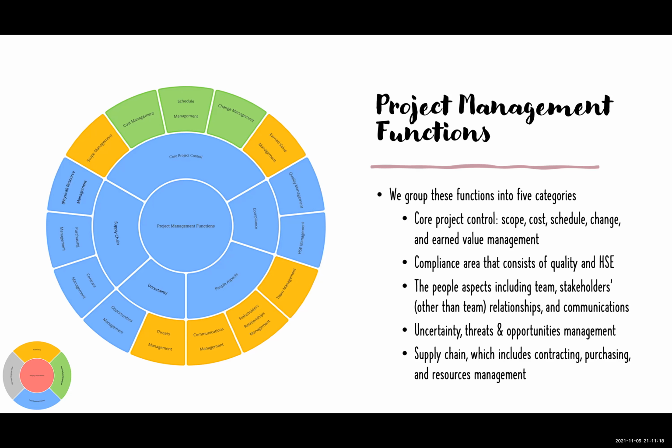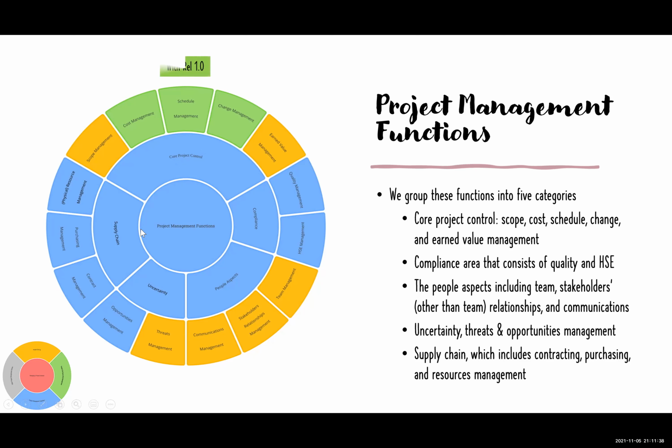Because the assumption is that we might be doing scheduling outside Uruk. We might be doing estimating or cost control outside Uruk, but we will be able to link it here. So there are 15 modules in the project management function.